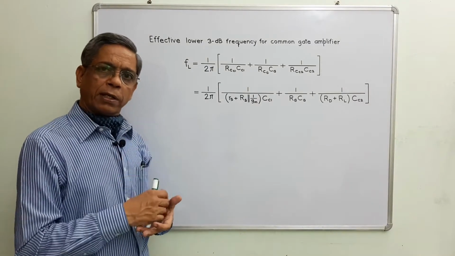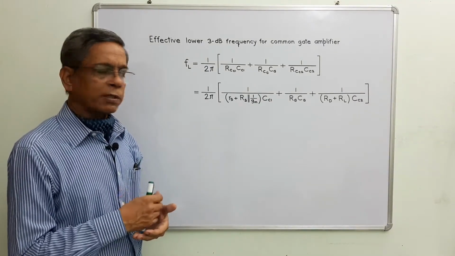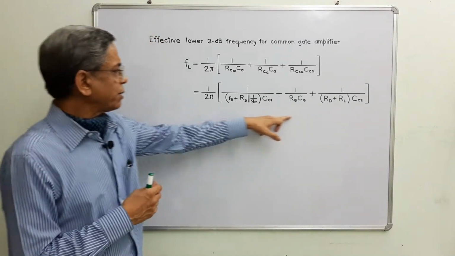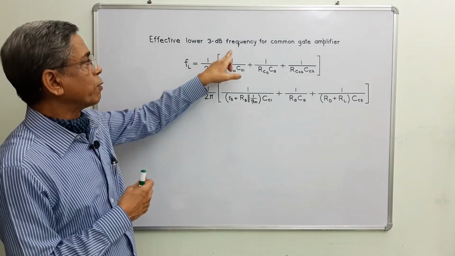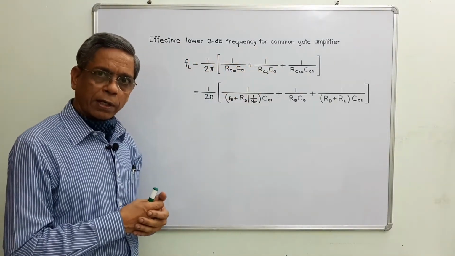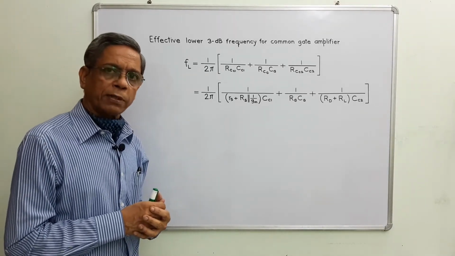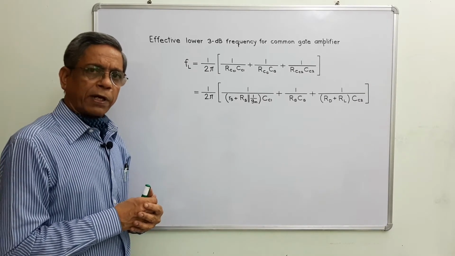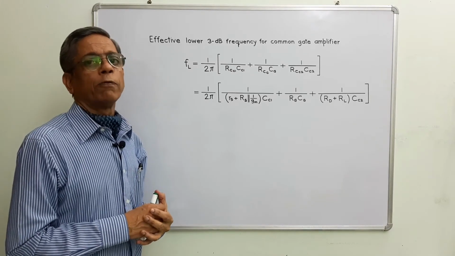We have already derived the expressions for the time constants corresponding to these capacitors, and these are the expressions. So this is the final expression for the effective lower 3 dB frequency for the common gate amplifier at low frequency band. So this was all about the performance of the common gate amplifier and the derivation of the effective lower 3 dB frequency at low frequency band.